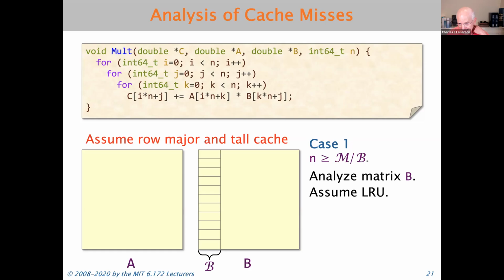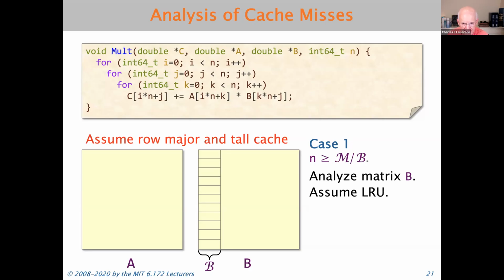Okay, so for our analysis, we're going to focus on matrix B, since that's the one that will incur the bulk of the cache misses. And since we have an ideal cache, we can assume LRU or optimal replacement as we choose. And for this, I'm going to assume LRU. So let's look at how this algorithm strides through the matrices A and B, but we'll only count the cache misses for B. So initially, I is 0 and J is 0.